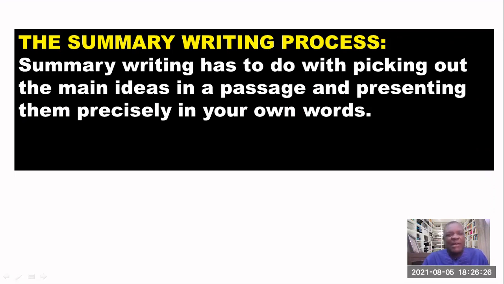You are given a longer passage, probably a page or 2 pages, and you are asked to summarize certain key ideas in that passage in a few sentences. And so you should be able to identify these key points or main ideas, then pick them out, extract them, and then reconstruct them and present these ideas in your own words as much as possible. And I am going to show you the process so that you will master the skill of summarizing. All right?